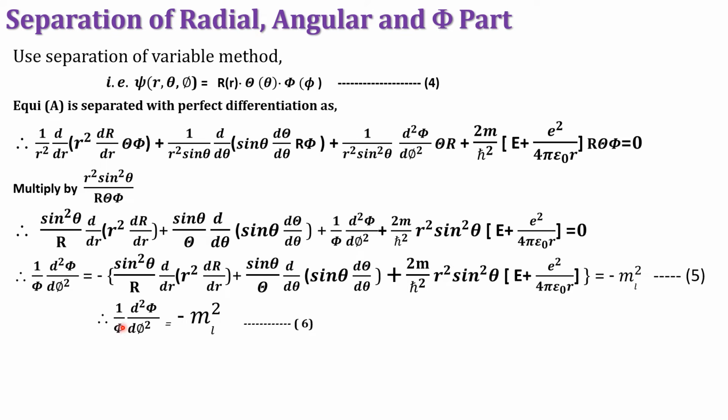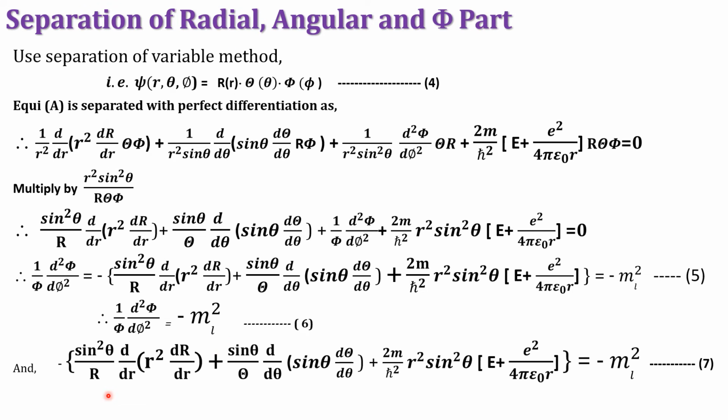Equation 6 is 1 upon Φ d²Φ by dφ² equal to minus ml squared, and equation 7 is minus the whole bracket term sin squared θ by R into d by dr of r squared dR by dr, plus sin θ by Θ d by dθ of sin θ dΘ by dθ, plus 2m by ħ² r squared sin squared θ into the bracket (E plus e² divided by 4πε₀r), equal to minus ml squared. Hence, we simplify equation 6 and equation 7.